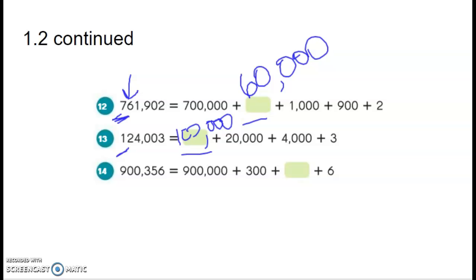So then we have 20,000, 4,000, 3. Here we have 900,000. Notice these 2 zeros are not represented over here, and that's fine. Then we have 300. Ooh, the next one is the missing one, so that 5. What's the value of the 5? Well, it is 50, and 6 at the end.